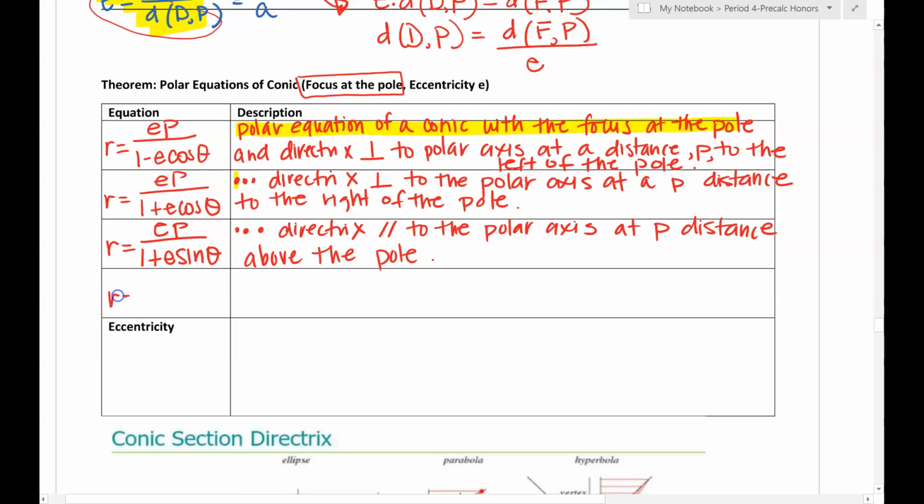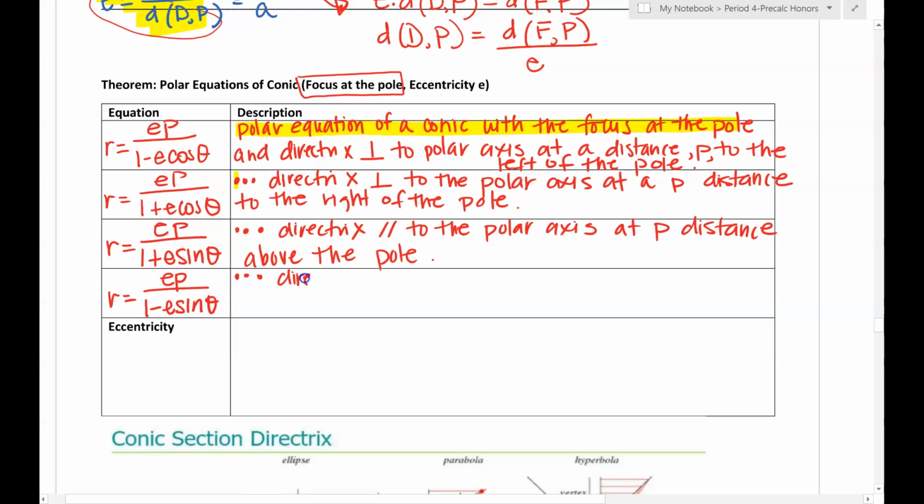And then our last polar equation is going to be E P divided by 1 minus E times sine of theta. Now it's going to be super similar to the one right above it.